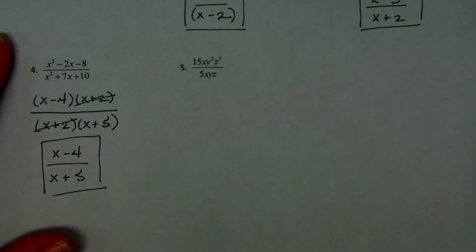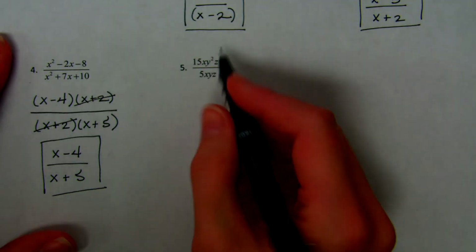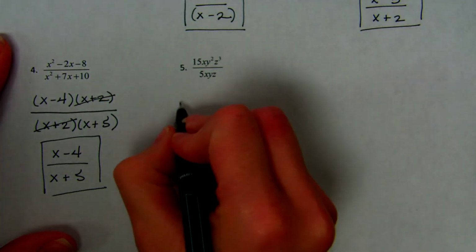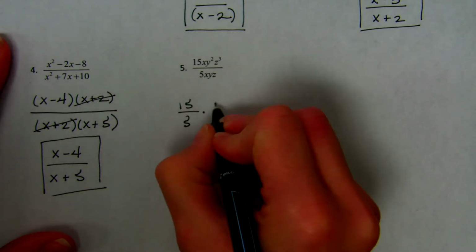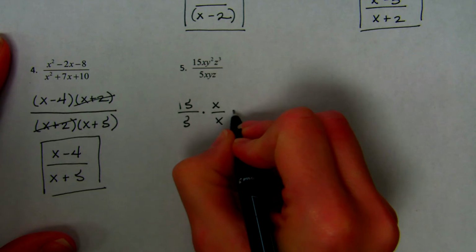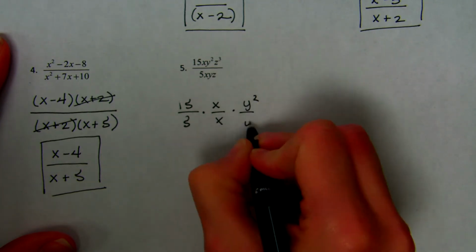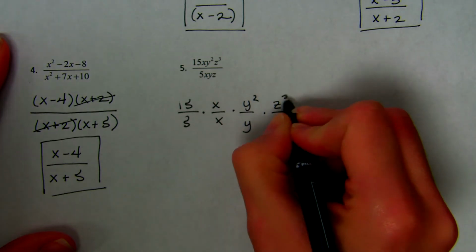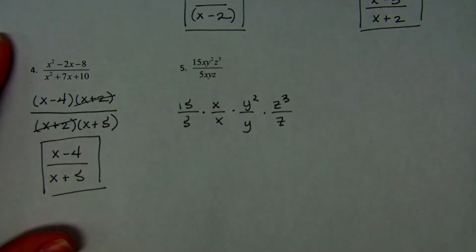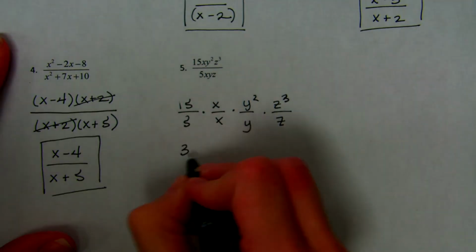All right, number 5 is sort of a reminder of what we've just finished doing with exponents. Remember that you tackle these problems one piece at a time, right? So this is 15 over 5 times x over x times y squared over y times z cubed over z. 15 over 5 is 3.